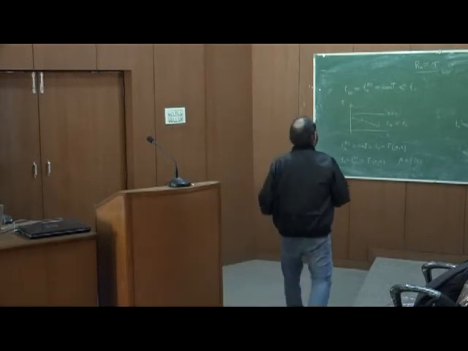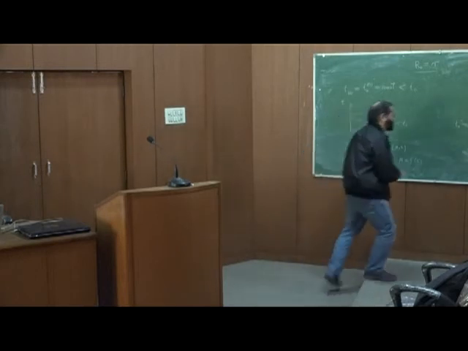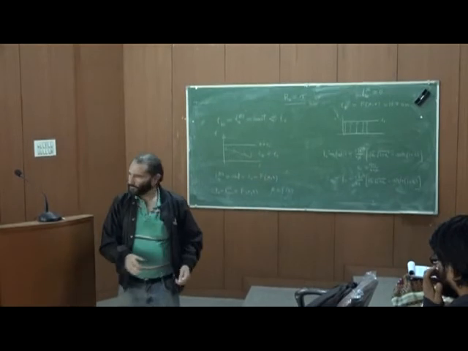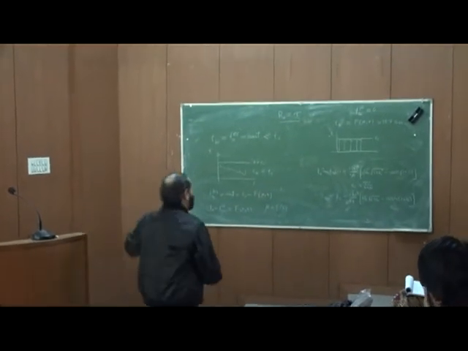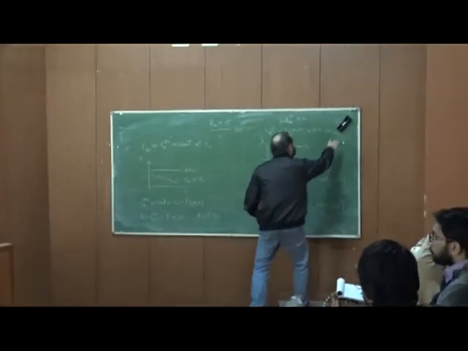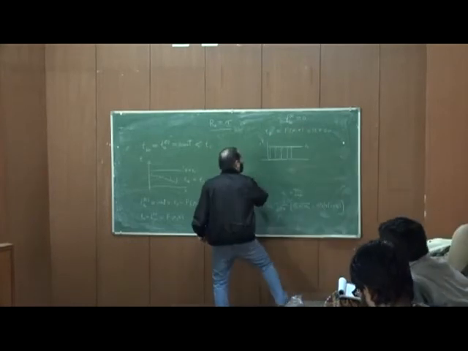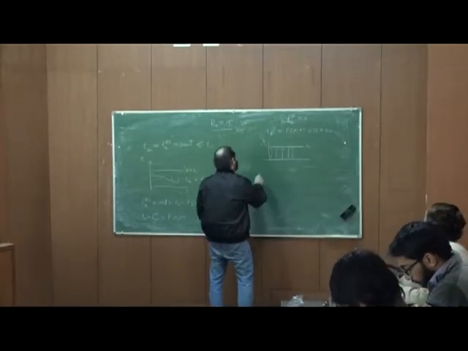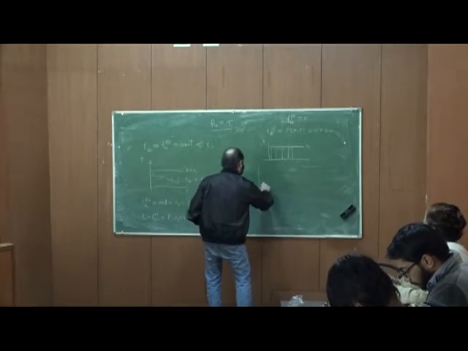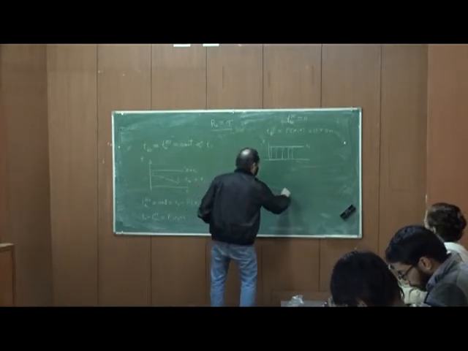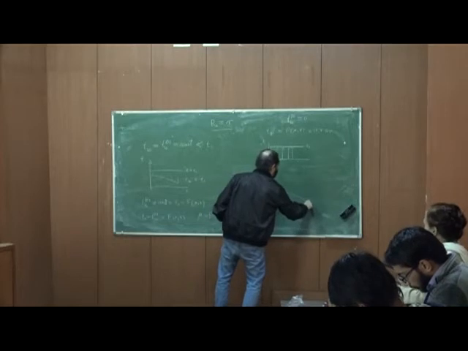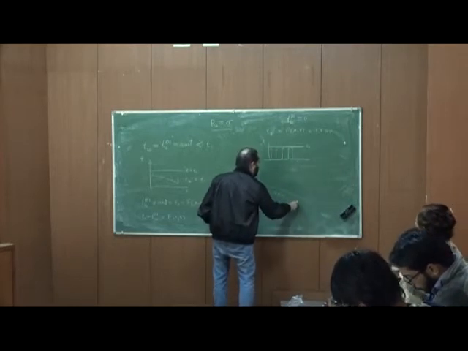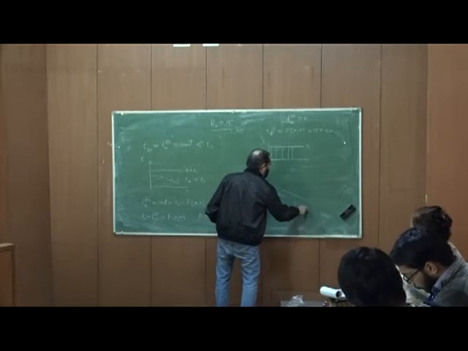Why would it be very inhomogeneous? This is an important issue. Suppose the Big Bang time is non-simultaneous. So here is your Big Bang time. It's a singularity. Here, A equals 0, and density goes to infinity.